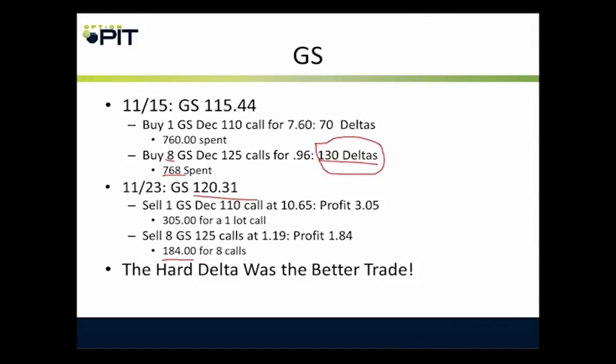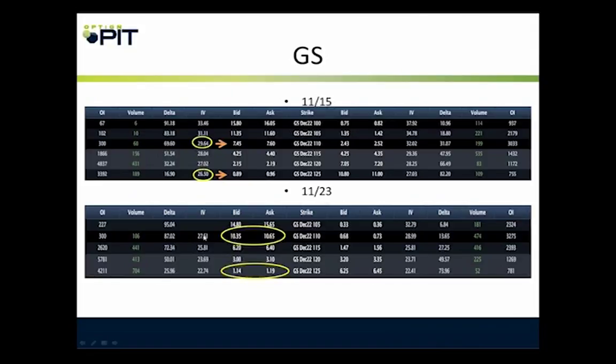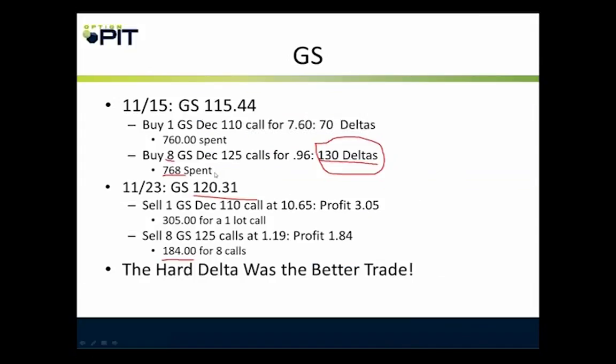Why? The vol dropped. Look, the implied volatility dropped significantly. See that? 4 points in the 125 calls. So despite the fact I spent less, bought fewer contracts, I made more money.